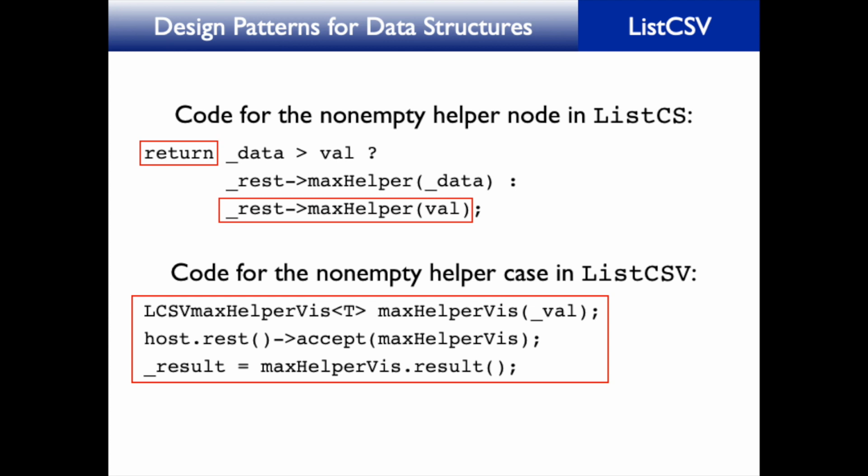And you can see what corresponded to val before corresponds to underscore val here. And what corresponded to underscore rest corresponds to host.rest here. And then we have this usual pattern with underscore result gets max helper viz dot result, which is the call to the max helper result method.